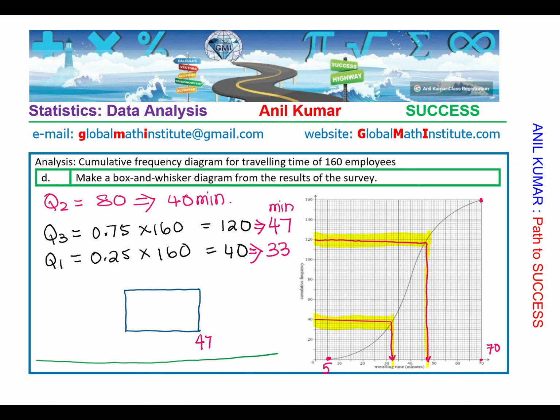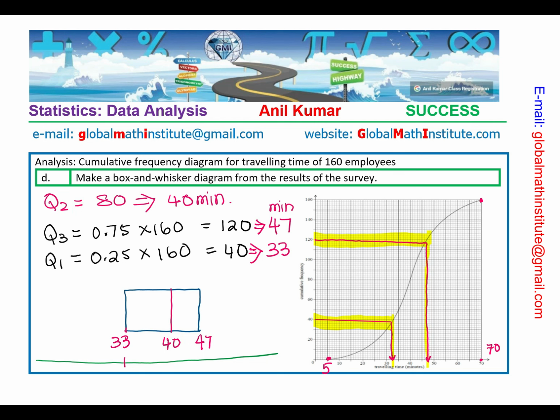Q1 is 33. 40 minutes is Q2, which is closer to 47.